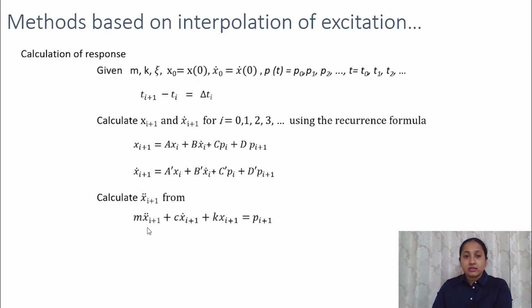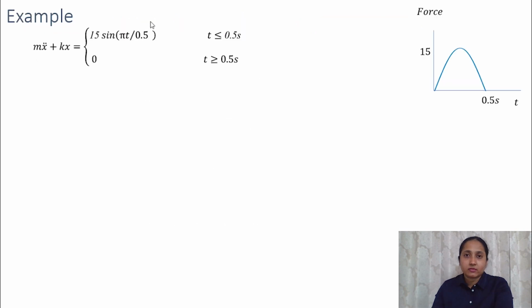At the i+1 time instant, the equation of motion is given by this. All terms other than this acceleration term are known to us. So substituting all those, we can calculate the value of the acceleration. Similarly, we can find the value of the responses at other values of i.